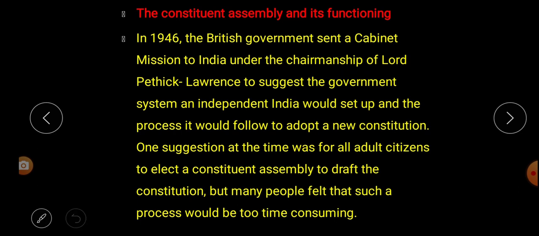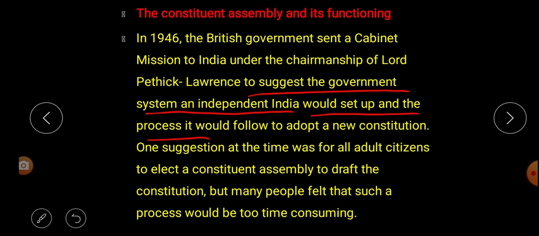What was the reason the British government sent a cabinet mission to India under the chairmanship of Lord Patrick Lawrence? The reason is to suggest the government system an independent India would set up and the process it would follow to adopt a new constitution. That means to suggest to independent India how to set up and establish a new constitution.